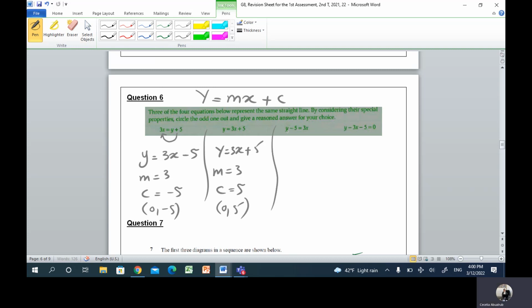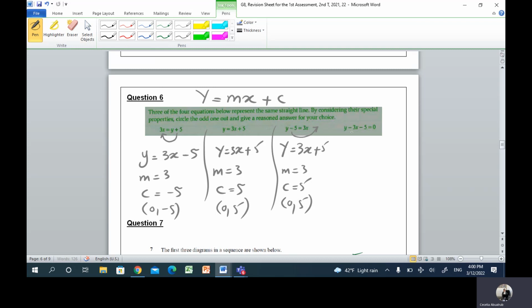And here, if we want to make y the subject, we must transfer the negative 5 to the other side of the equal sign. So y equals 3x plus 5, because when we transfer the negative 5, the sign will change. So here m is 3, c is 5, and the y-intercept is (0, 5).